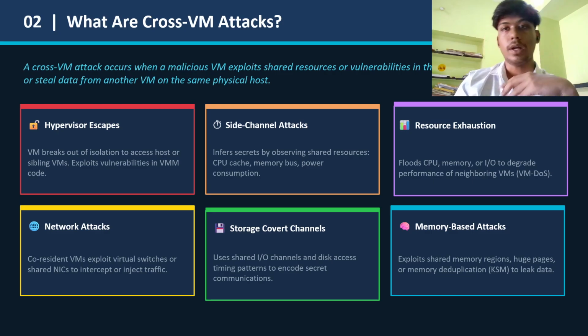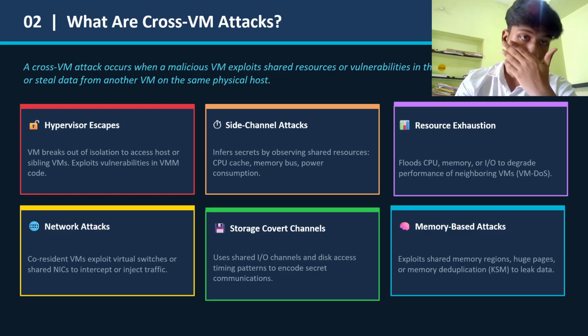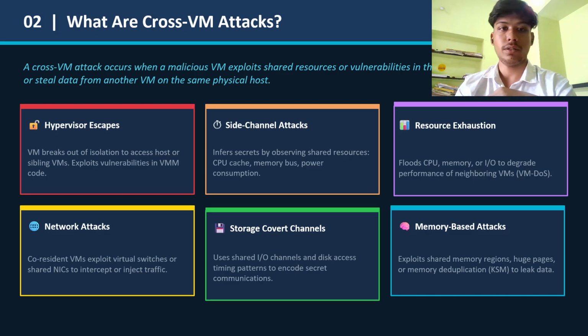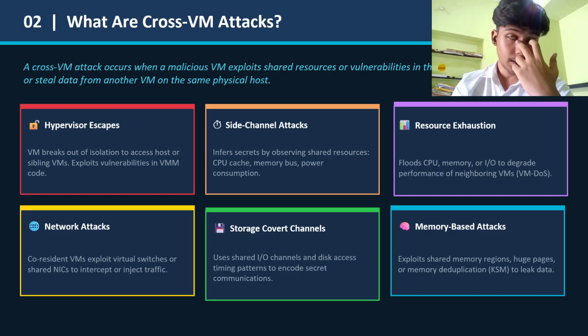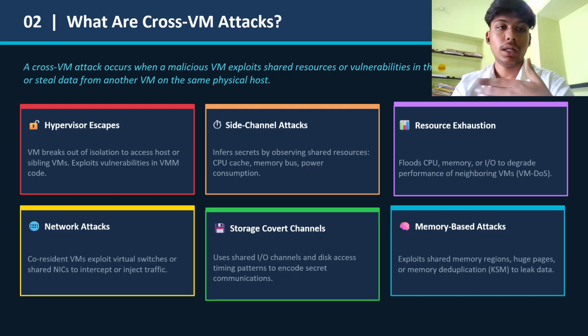A malicious VM floods the CPU, memory, or I/O resources so aggressively that neighboring VMs are starved of those resources. This is basically a denial of service, a DoS, against your co-tenant.